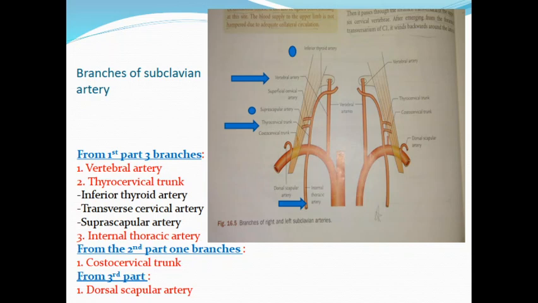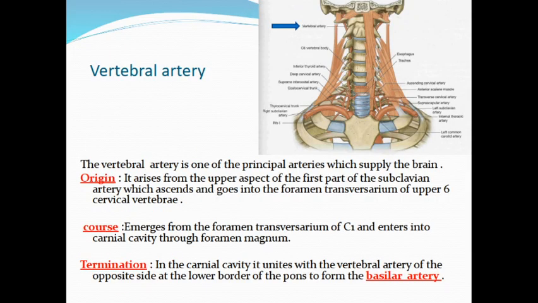From the second part of subclavian artery, 1 branch, that is the costocervical trunk, and from the third part of the subclavian artery, the dorsal scapular artery arises. Now one by one we'll see the origin, course and termination of the branches of the subclavian artery.